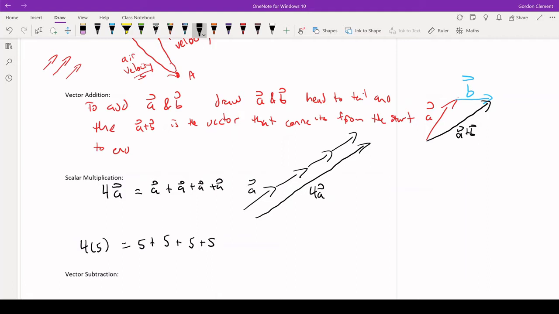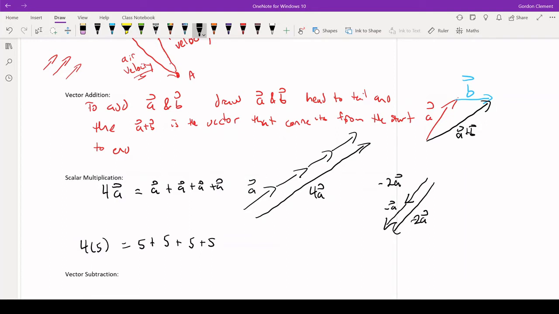And basically what that means is it stretched that vector A out 4 times as long as it was before, but keeps the direction. If I had something like negative 2A, well, I'd draw an A and an A, but the negative is going to flip their direction. So I'm going to flip them so that they're going the opposite direction. This thing would be negative 2A heading in the opposite direction.